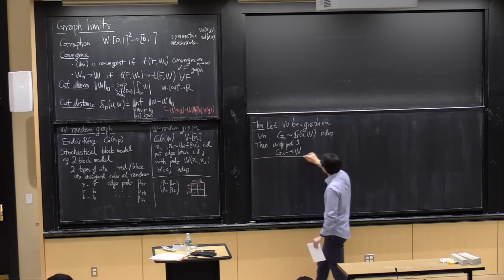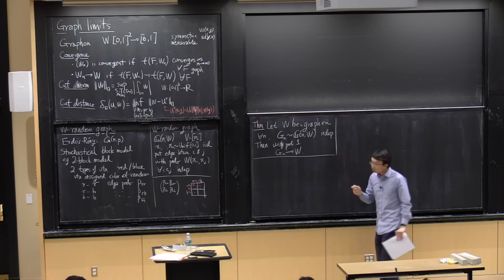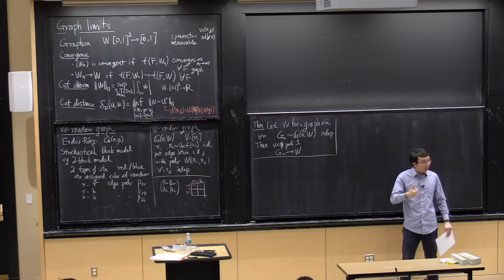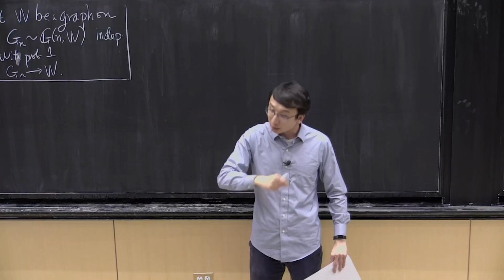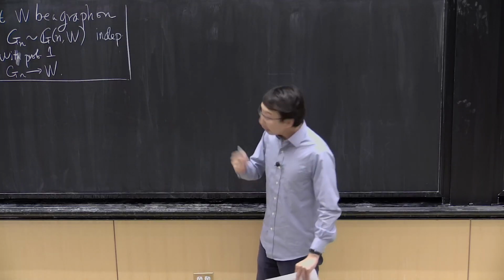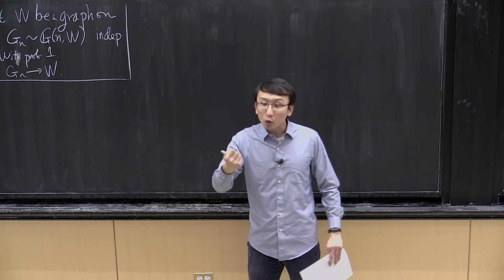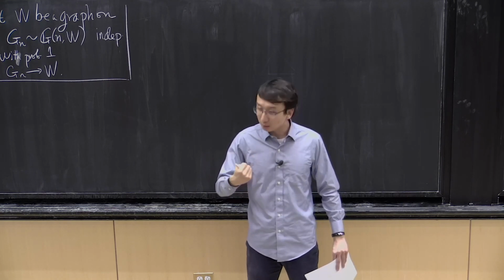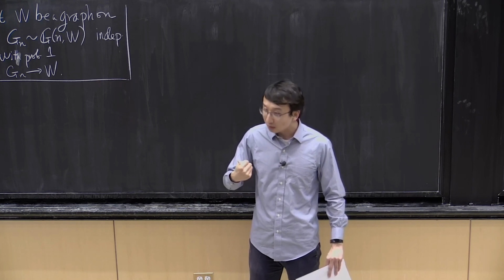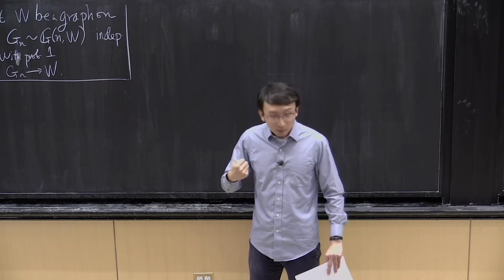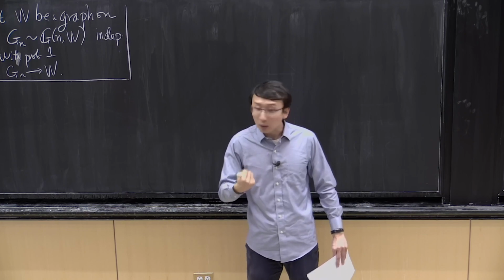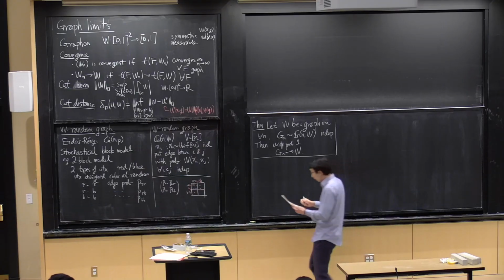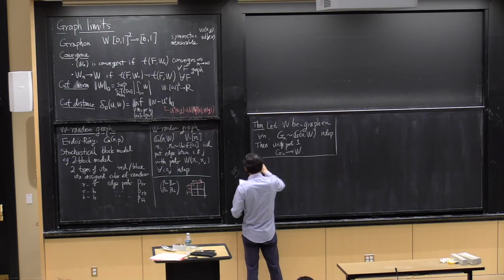So the statement tells us a couple of things. One, that W-random graphs converge to the limit W, as you should expect. And two, that every graphon W is the limit point of some sequence of graphs. Right? So this is something that we never quite explicitly stated before. So let me make this remark.